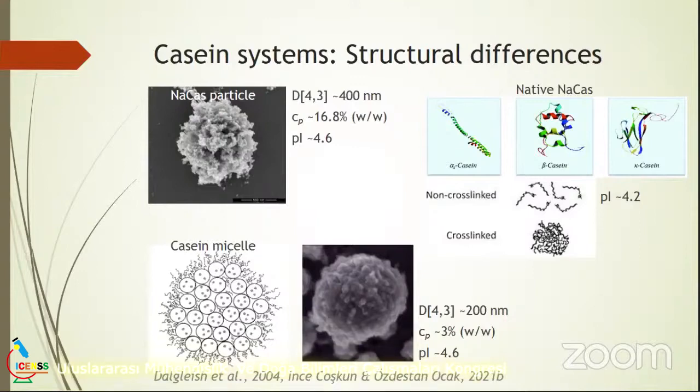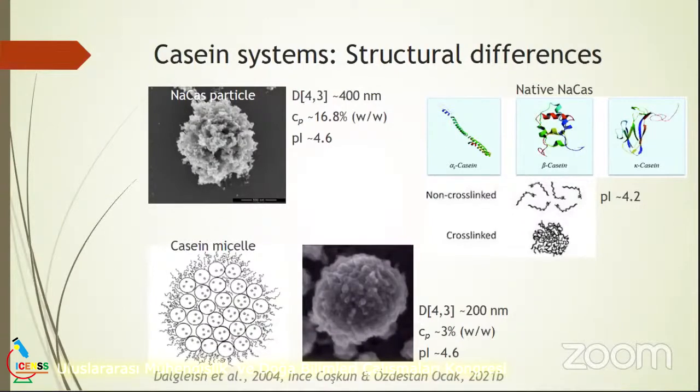You can see the casein micelle structure, the famous picture from Dalgleish. And the sodium caseinate particle, which I have made, is almost similar, only the size is different. And of course, we know that the concentrations are different because the casein has a halo-like structure. So inside there is a halo.